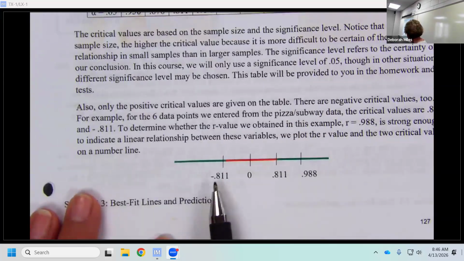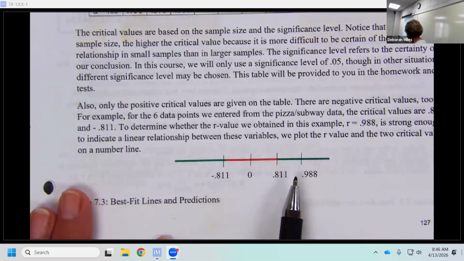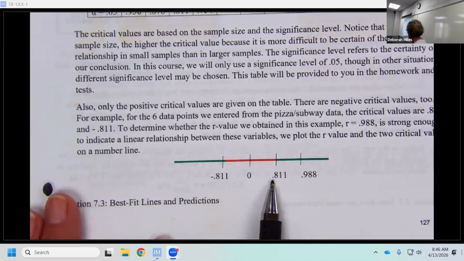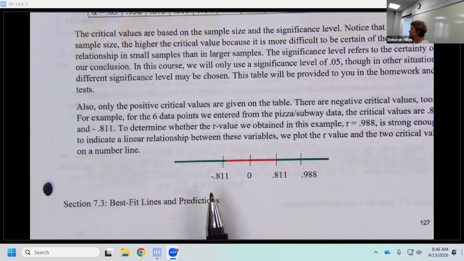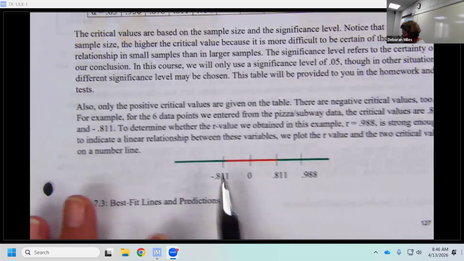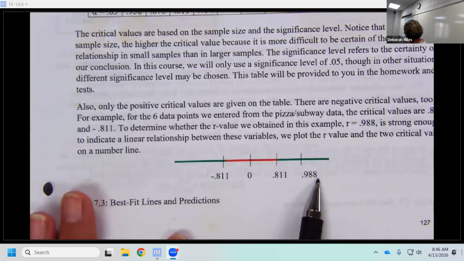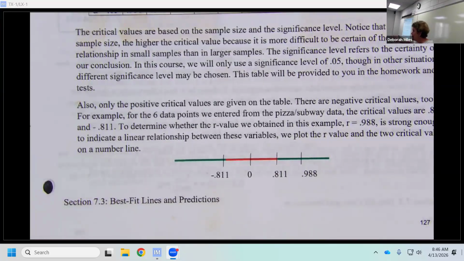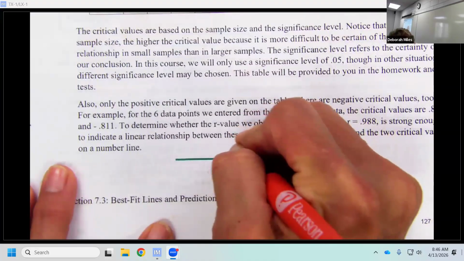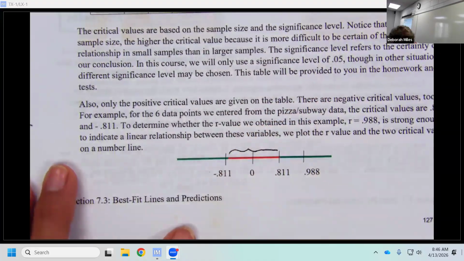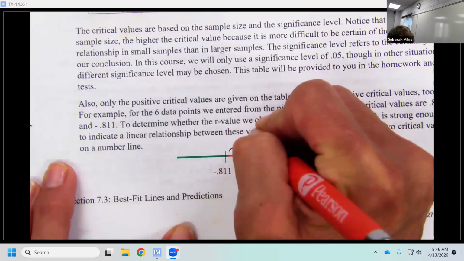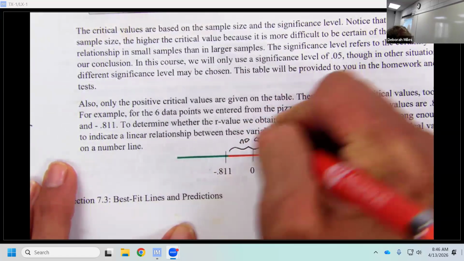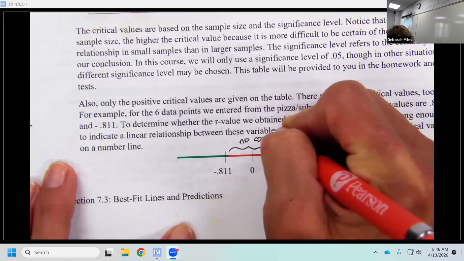So if we plot negative 0.811 and positive 0.811 and our R value all on a number line, you can see that the R value, 0.988, is out past the positive critical value. Close to 0, this would mean when R equals 0, we have no correlation, or at least not a linear correlation.